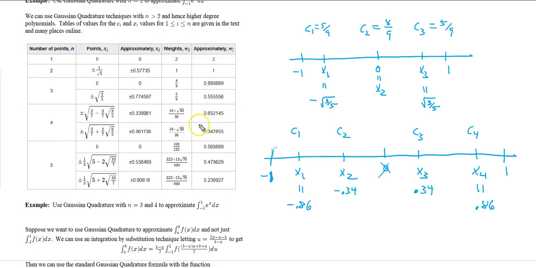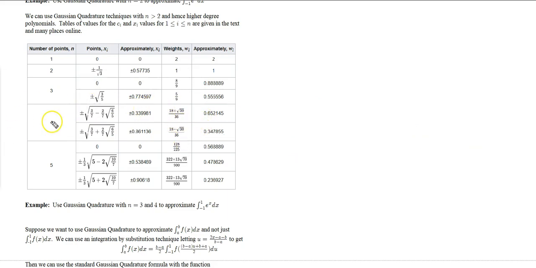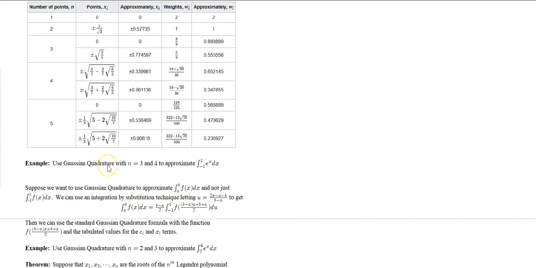So let's take a look at this problem now. Using this table, let's use Gaussian quadrature with n equaling 3 and 4 to approximate the integral from -1 to 1 of e to the x dx.